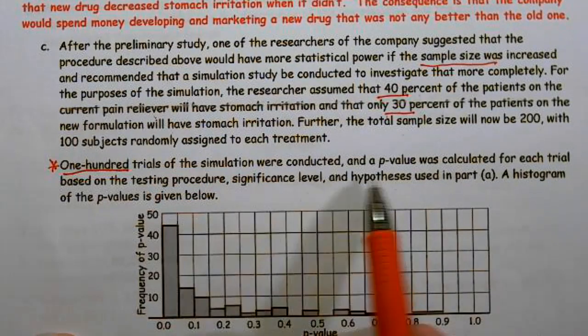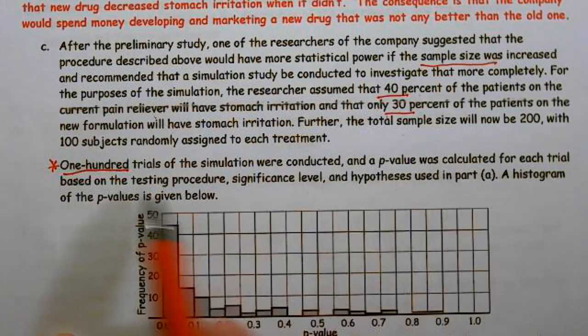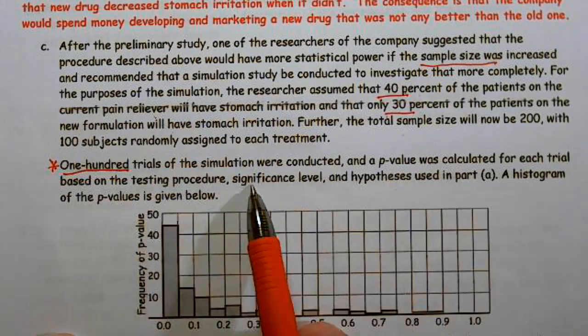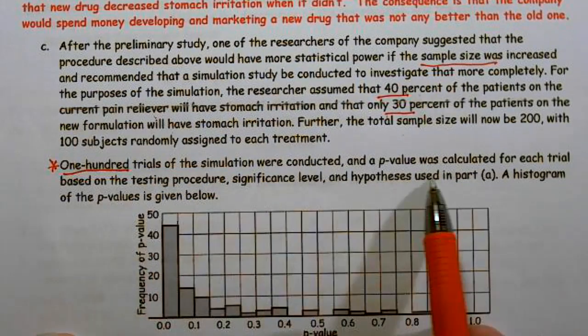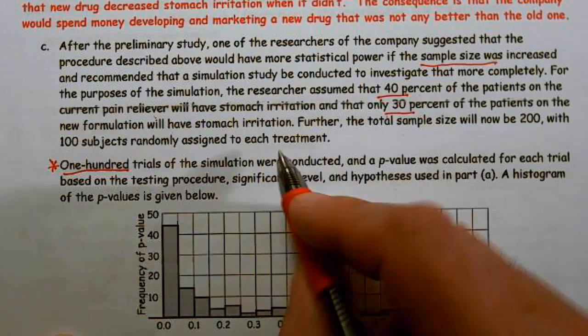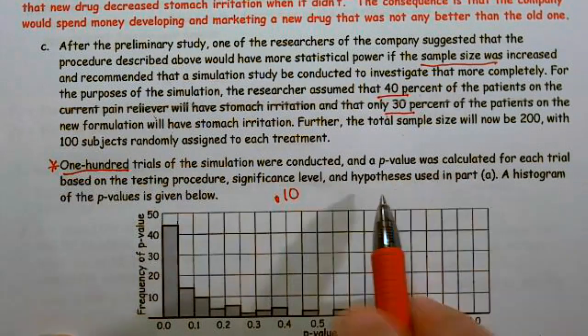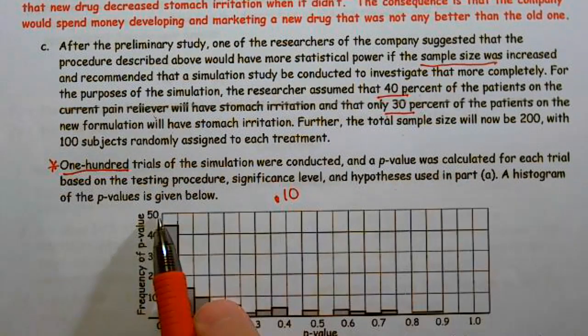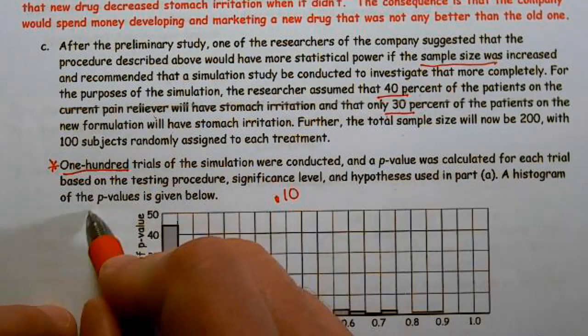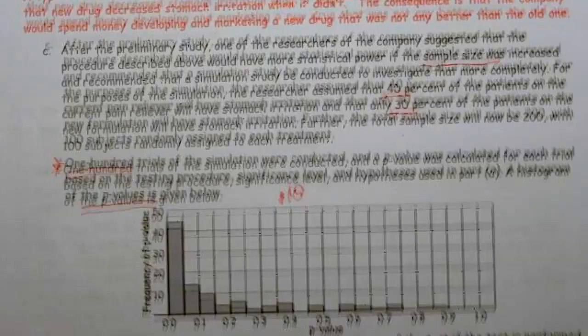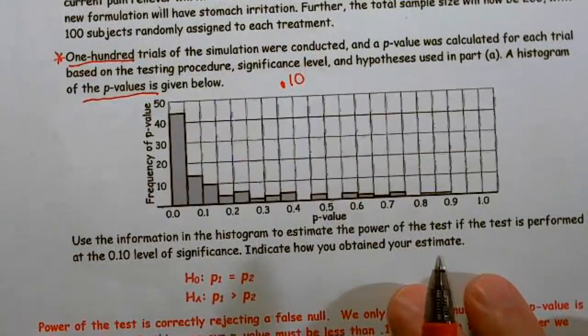A p-value was calculated for each trial based on the procedure, significance level, and hypothesis test, and used in Part A. Remember, we used a significance level in Part A of 0.10. A histogram of the p-values is given below. Here we have a list of the p-values, and we continue to read further down.